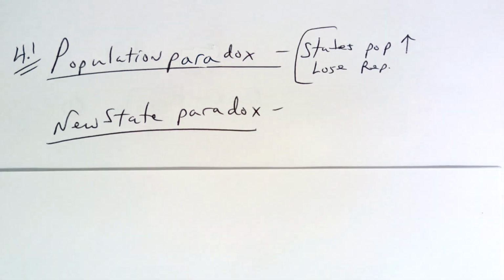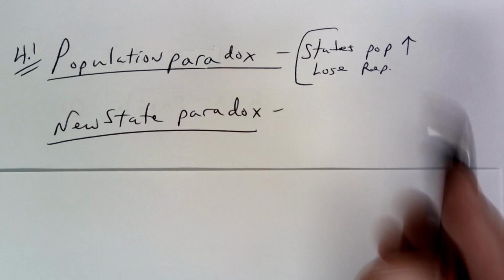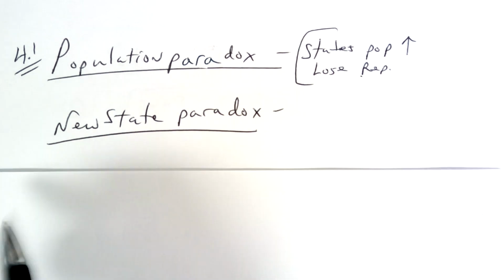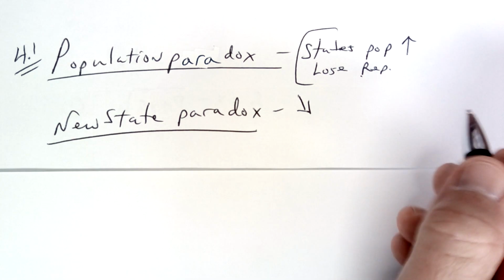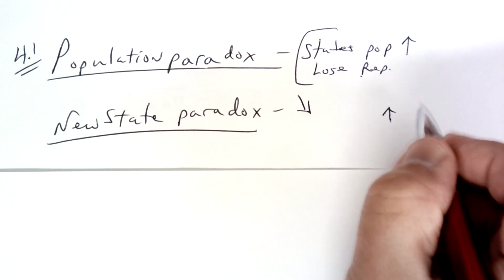Remember, a paradox doesn't make sense. Like, if you work more, you expect to get paid more. Not, I work more and I get paid less. That's what's happening. A new state paradox is where a new state comes into the union and your state either gains or loses a representative.